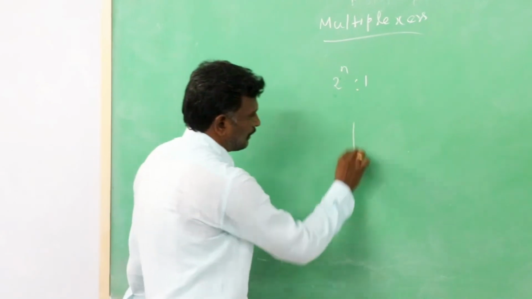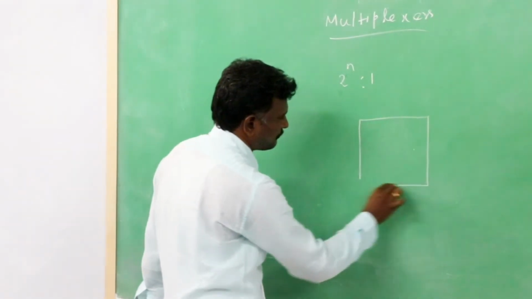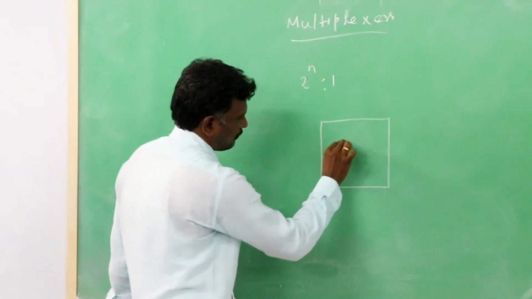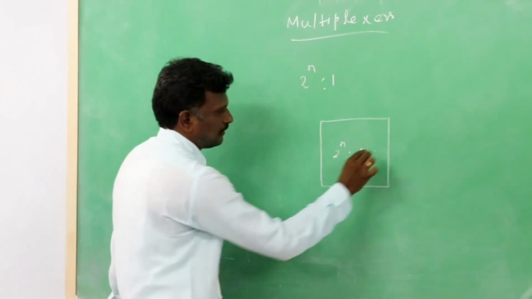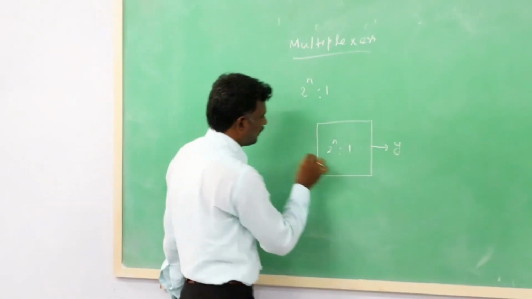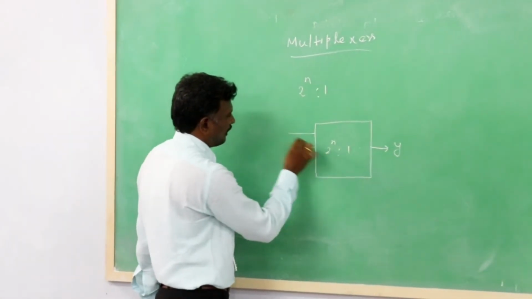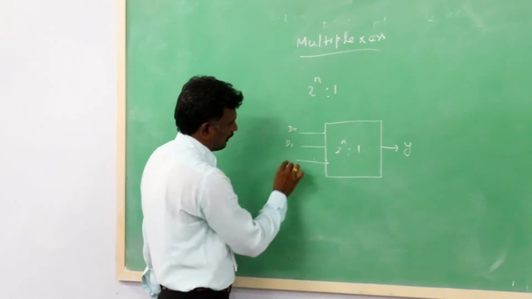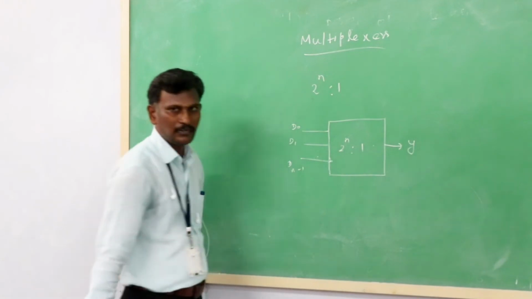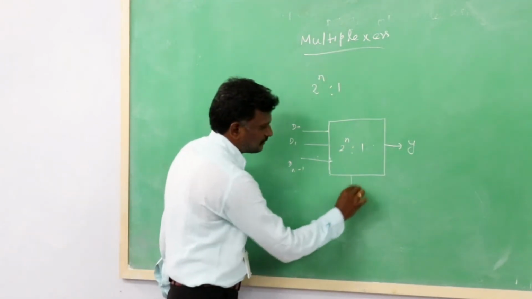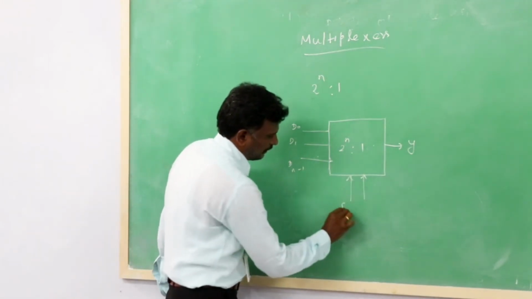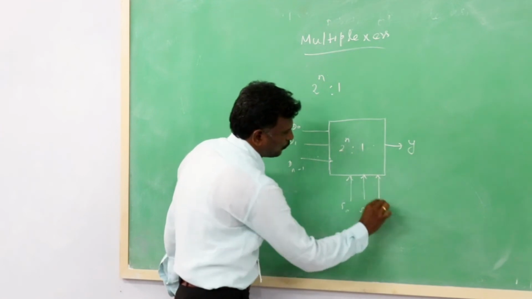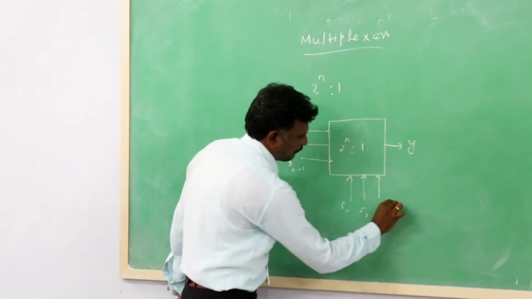So this is the basic block diagram of a multiplexer. Single output Y, inputs D0, D1 up to D power n minus 1, selection lines S0, S1 up to S power n minus 1.